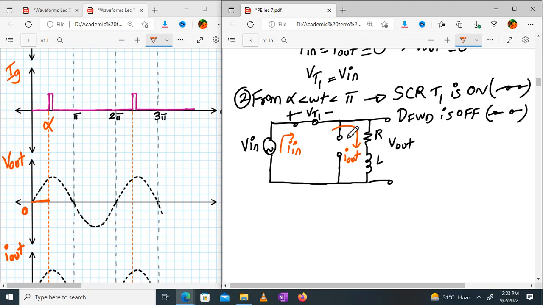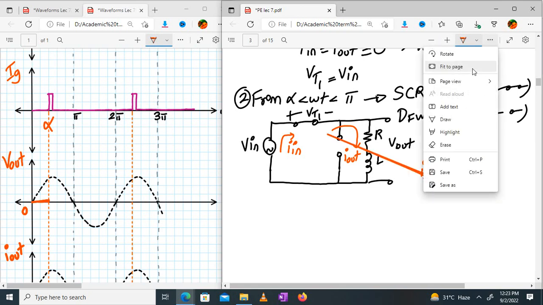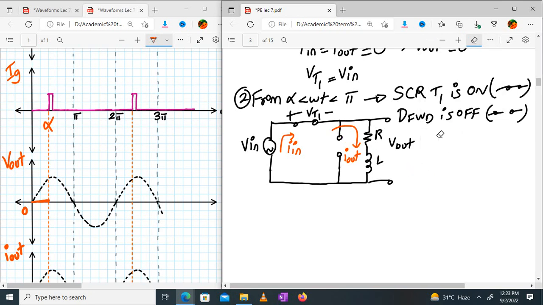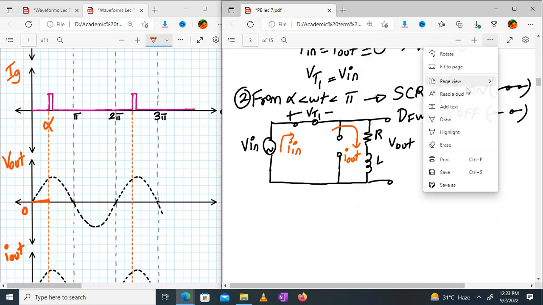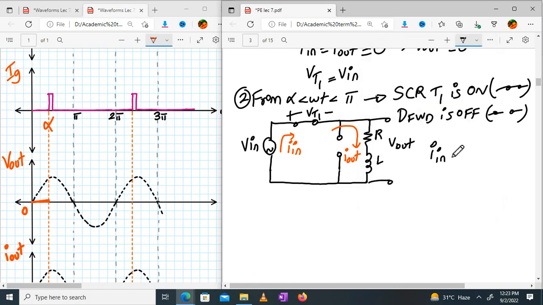Agree or no? Now we can write over here, my I in will be equal to I out flows, right? If this flows, what is my VT1 when it is on? Voltage across the SCR? 0. We are assuming the voltage across the SCR when it is on is 0. So VT1 is 0.